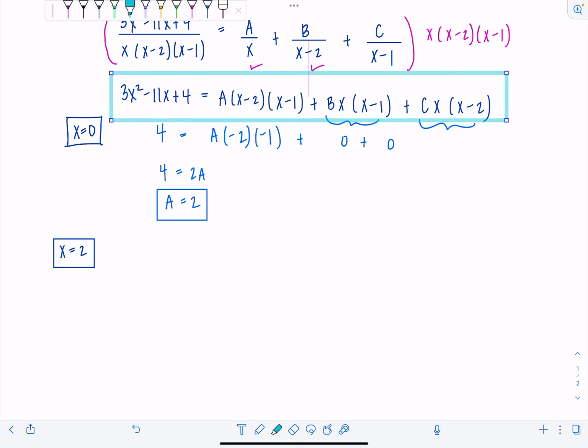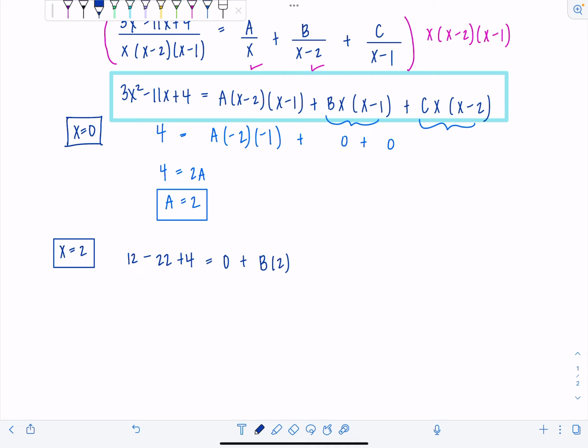Okay, so I'm going to plug in 2 for x now. So we have 3 times 2 squared, that's 3 times 4, so 12, minus 11 times 2, that's 22, plus 4. What's that going to equal? Well, notice if I plug in 2 for x, this factor here is going to be 0. So this whole term is gone. Bye-bye. So we've got a 0 plus B times 2, right?